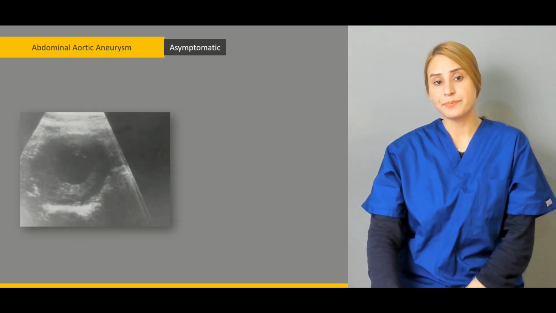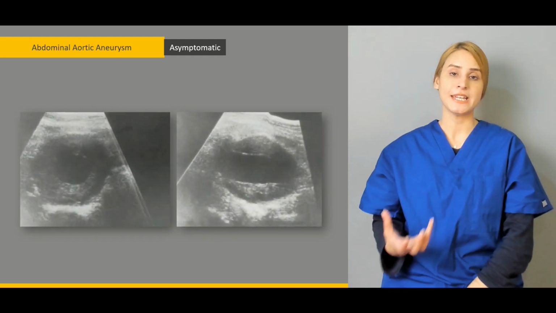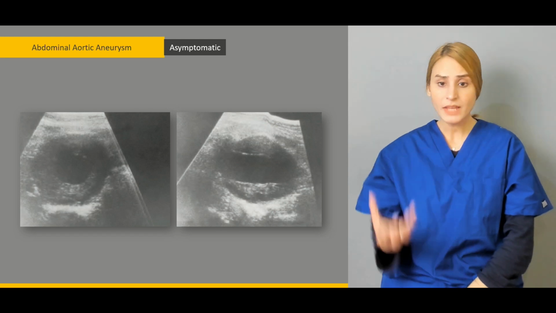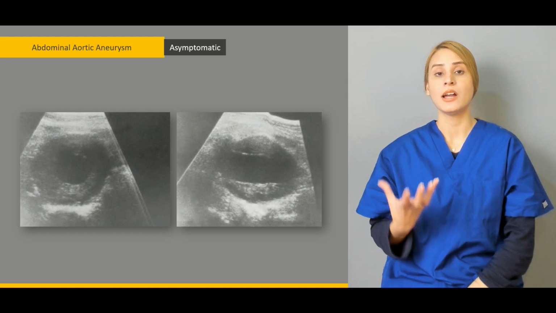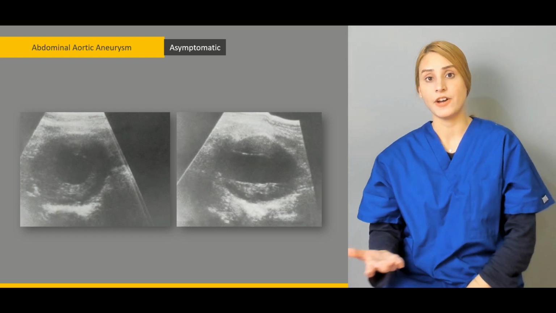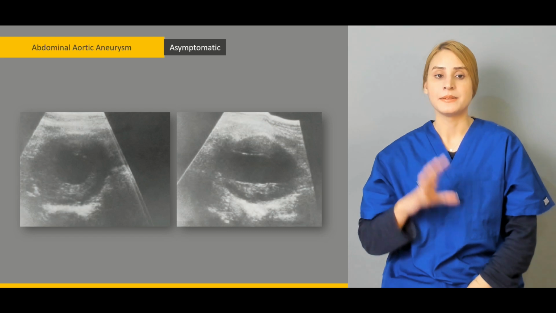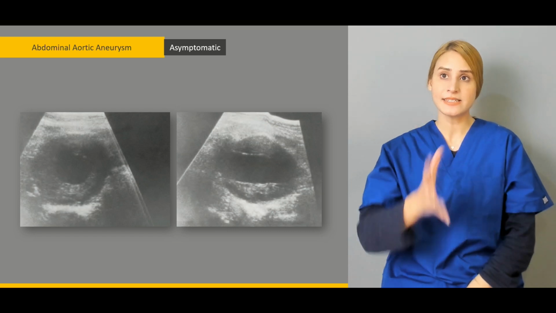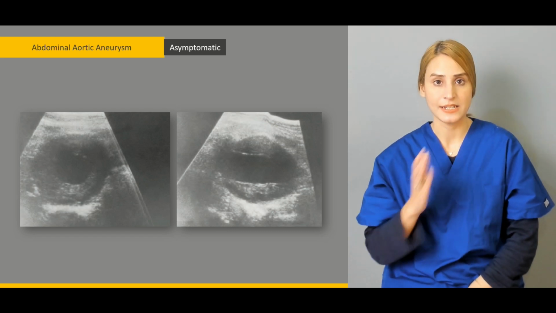Usually this is an incidental finding. In fact, whenever you perform an ultrasound of the abdomen and find an abdominal aortic aneurysm incidentally, in an asymptomatic patient, it is an incidental finding.